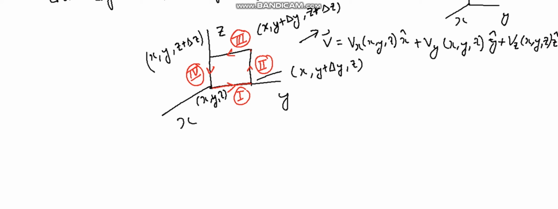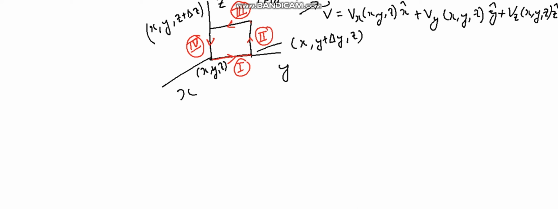So first of all we'll look at path 1. Along path 1, the infinitesimal displacement is delta y.